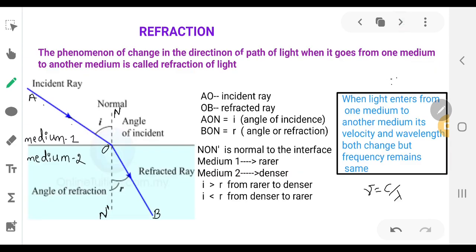We'll move on to the next concept, that is refraction of light. In the previous sessions we studied about reflection. What is reflection? When light falls on any surface, the light bounces back, it goes back in the same medium. Why is it going back to the same medium?